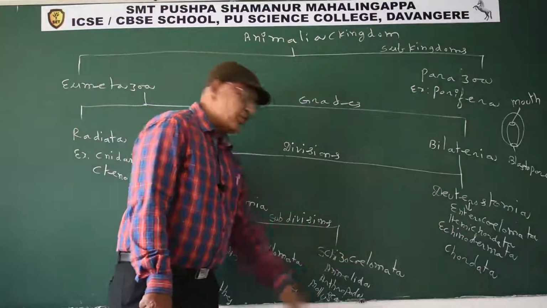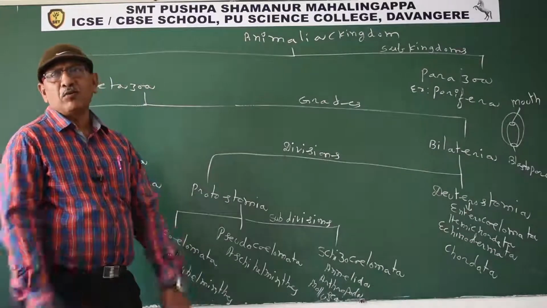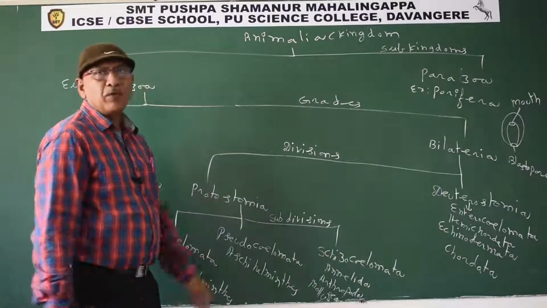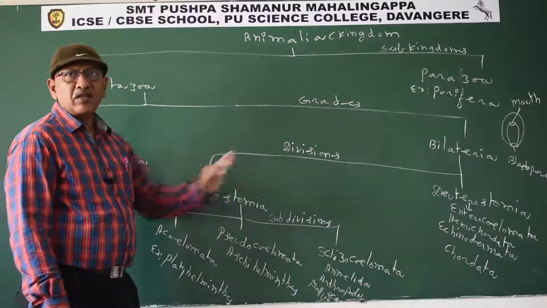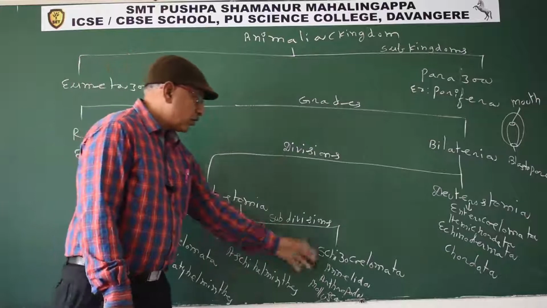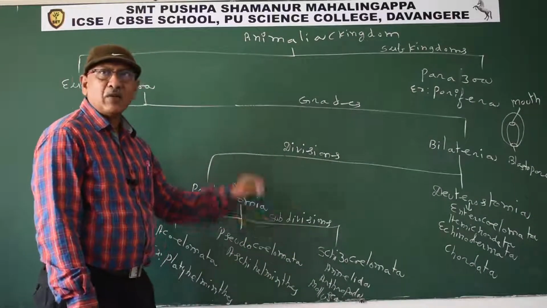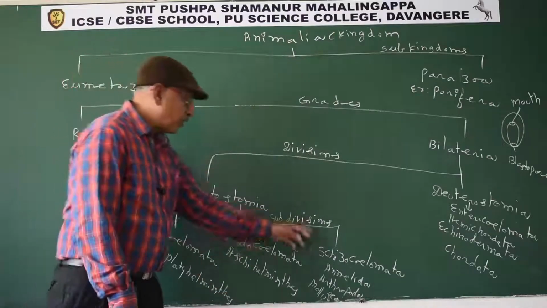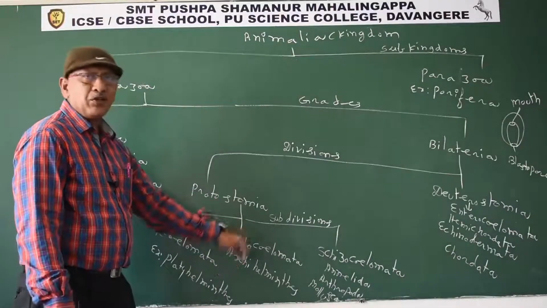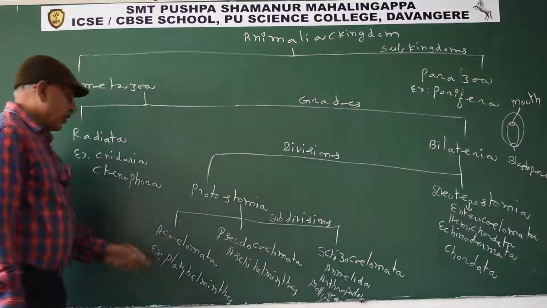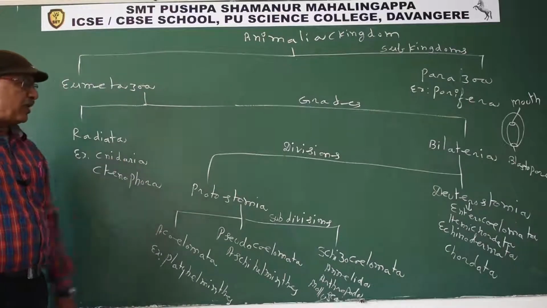Members of Protostomia in which the coelom is formed due to splitting of the mesoderm, or from the mesodermal plaques, are included in subdivision Schizocoelomata. So, in simple terms, animals having schizocoelom are in Schizocoelomata, animals having pseudocoelom are in Pseudocoelomata, and protostomes without coelom are in subdivision Acoelomata.